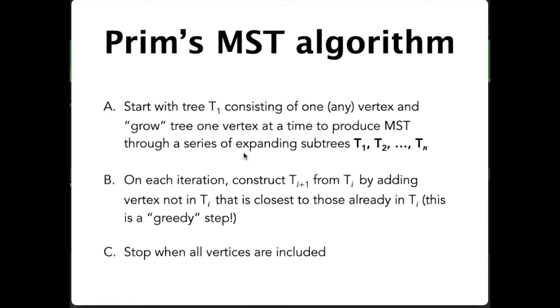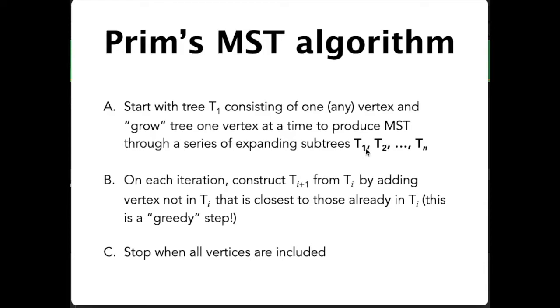So, the Prim's algorithm, as I mentioned a while ago, tries to construct the tree by adding one vertex at a time. So, initially, start with a tree, T sub 1, consisting of one vertex. So, we can arbitrarily choose any vertex of the graph G, and we grow the tree one vertex at a time to produce the minimum spanning tree through a series of expanding subtrees.